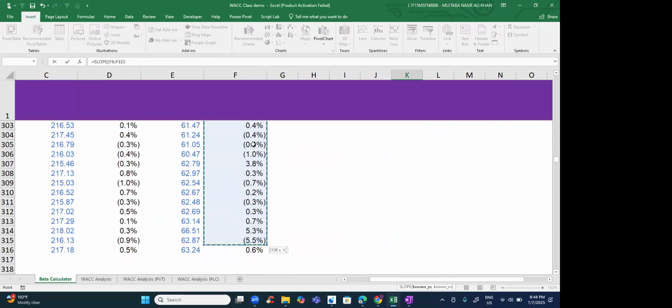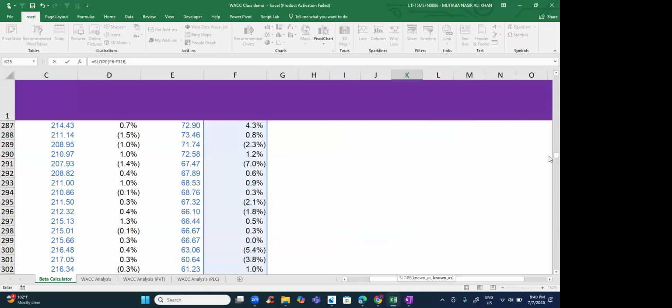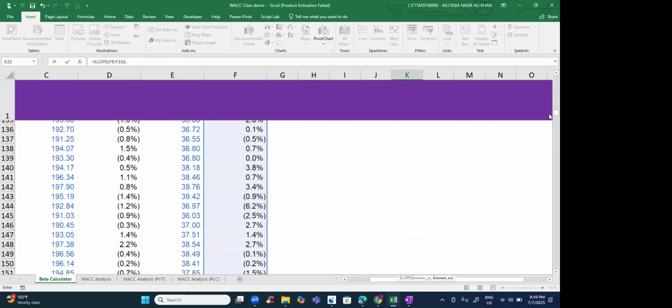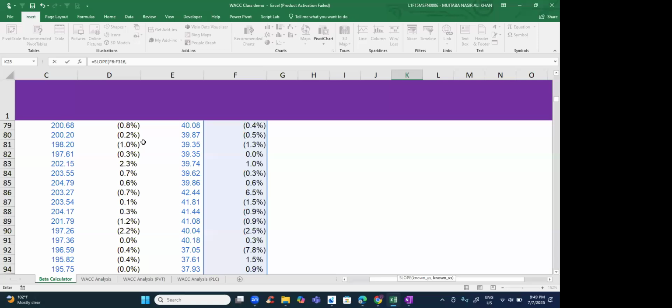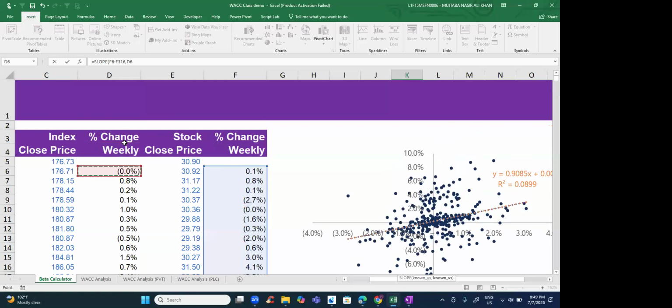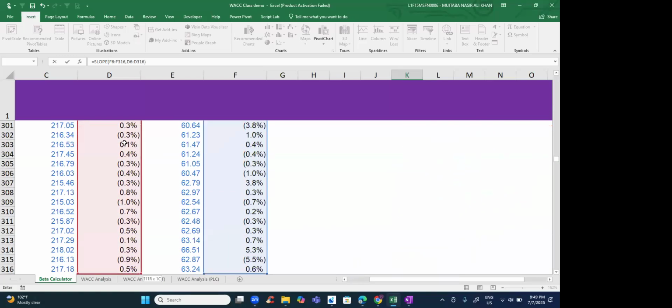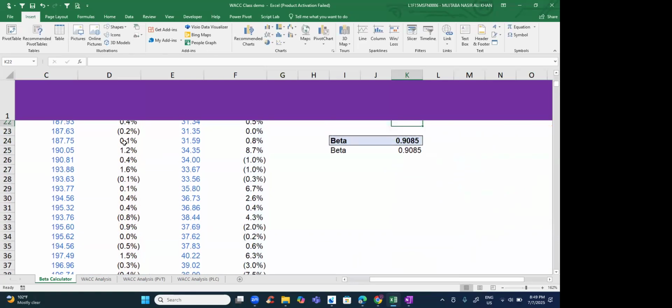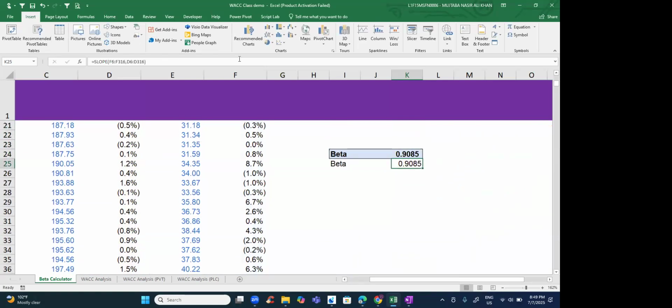Okay. Comma. 0.9085. This is our beta. So the formula is SLOPE.